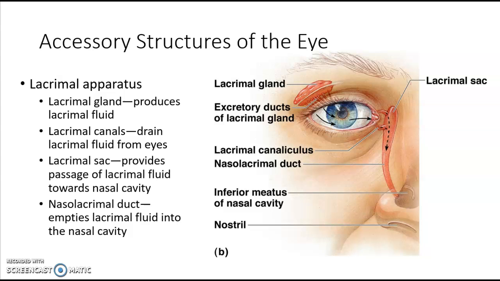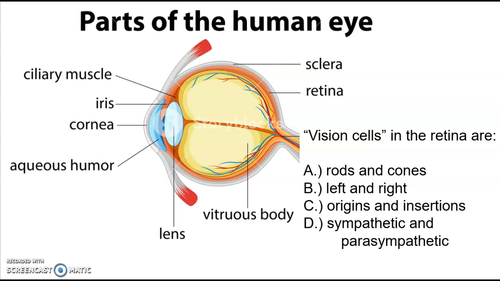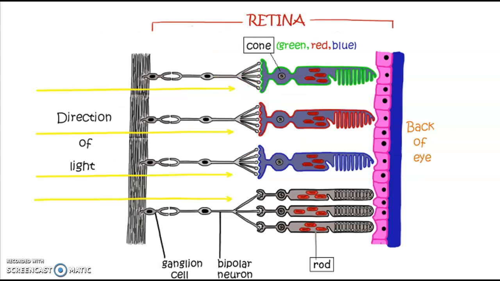Around the eye, we have lacrimal glands, which provide a lubricating fluid, lacrimal fluid, also known as tears. The vision cells in the back of the eye on the retina are called rods and cones.